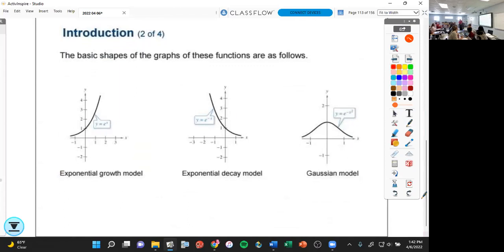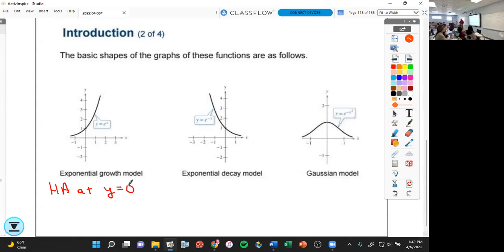No. Yes. So an exponential growth model has a horizontal asymptote at y equals 0.